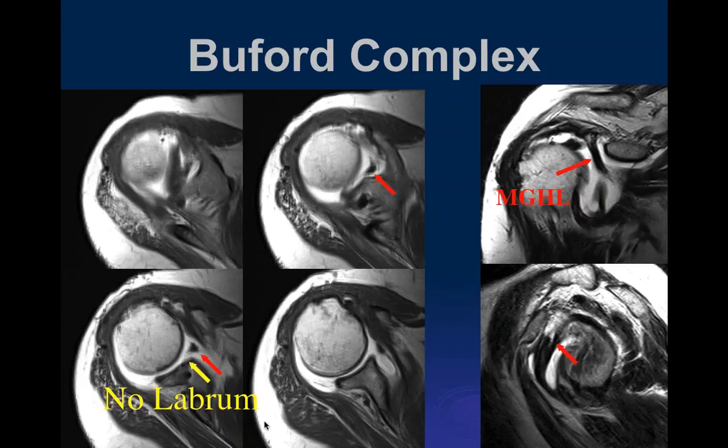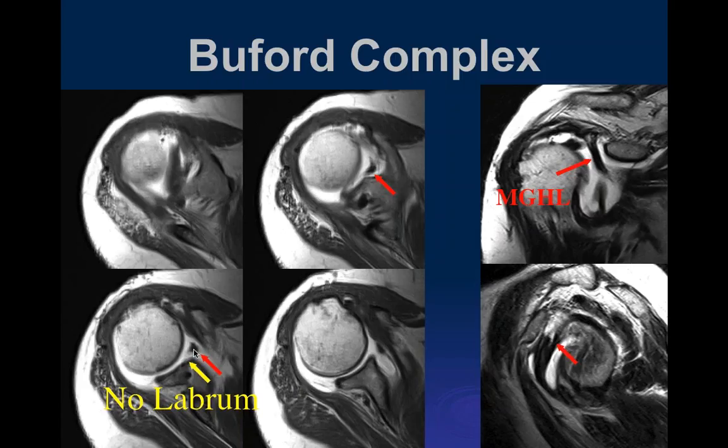But just be aware of this complex and don't call an anterior-superior labral tear with this kind of anatomy. And that's why it's important when you see this, you have to determine whether this black structure here in the anterior part of the joint space is that middle glenohumeral ligament or is it labrum. That makes a big difference.